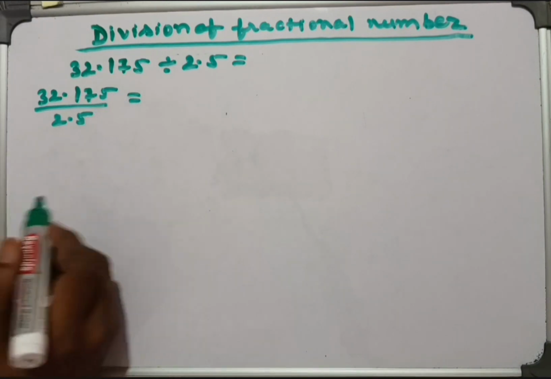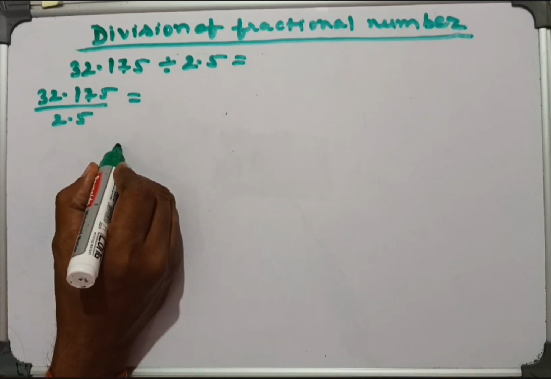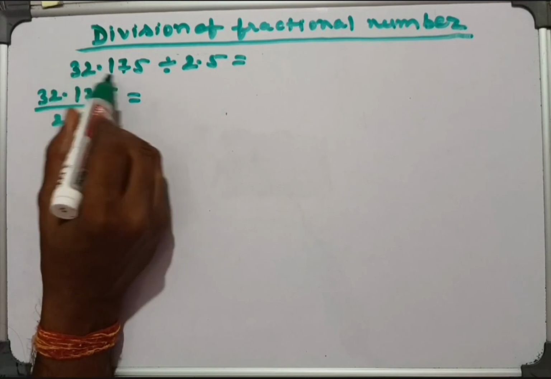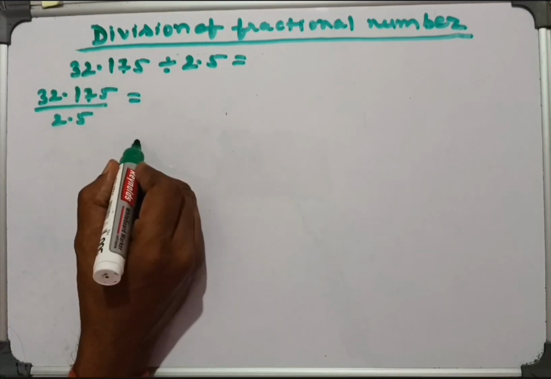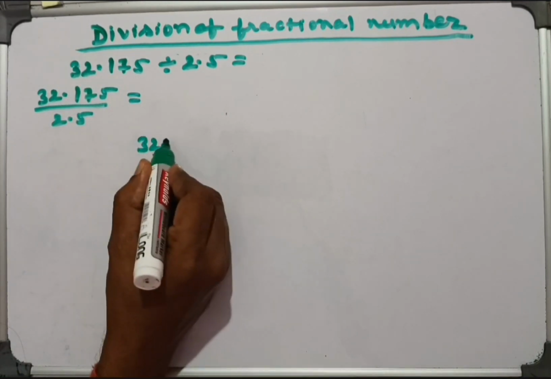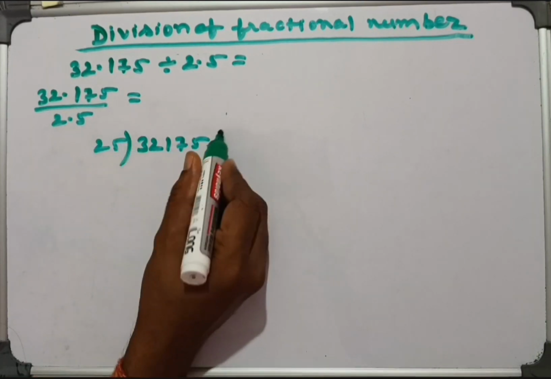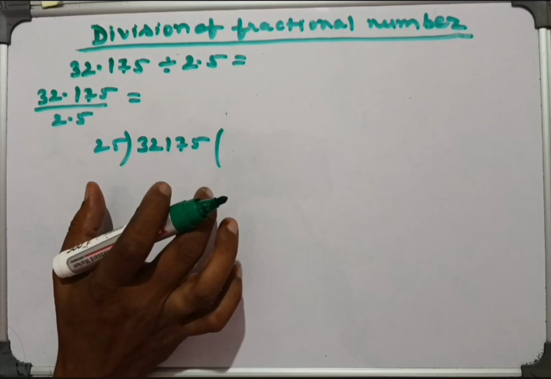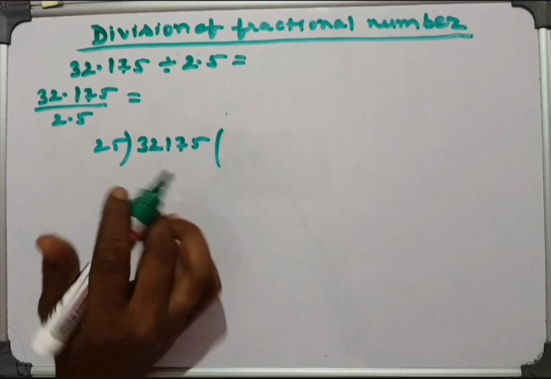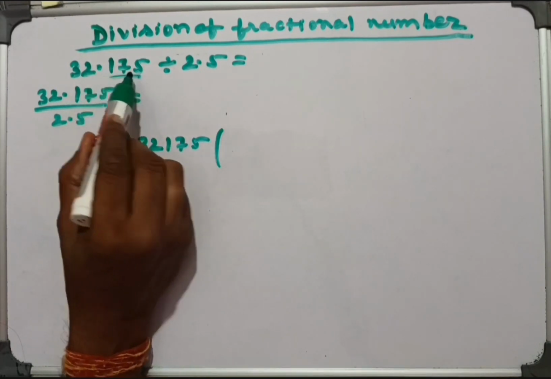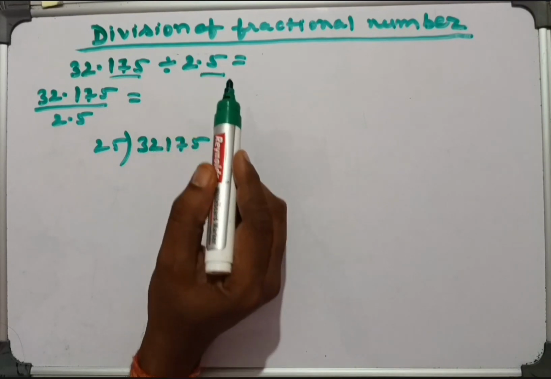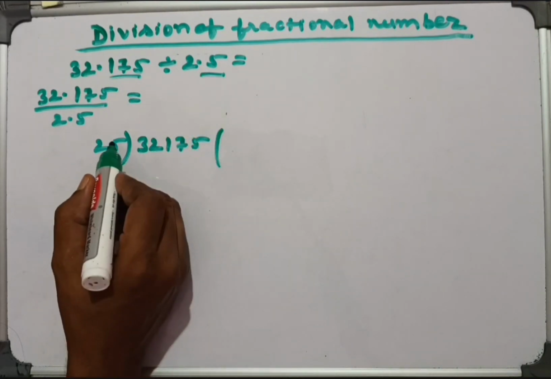We will first write the numerator as a whole number, and at the end of the solution we will use the decimal places given in the question. See how to make the solution.